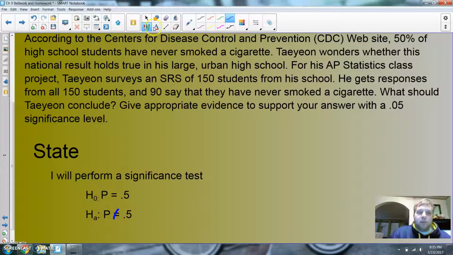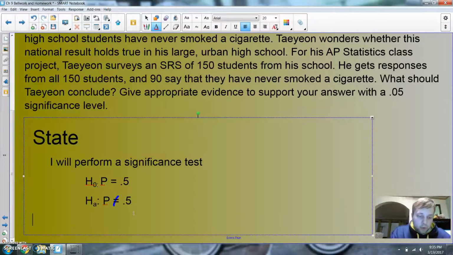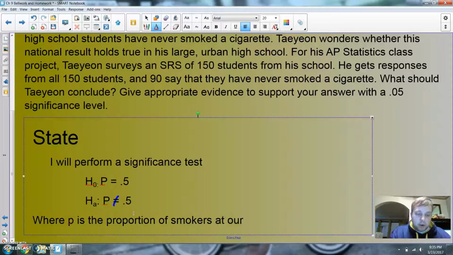I'm going to put a few more things on here, and I'm going to say where P is the proportion of smokers at our high school. So just put in a little bit more context. Alright, next.